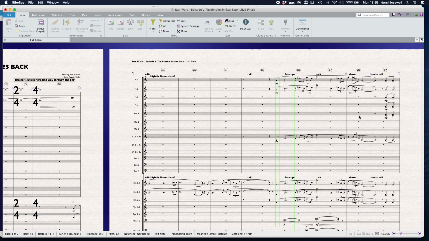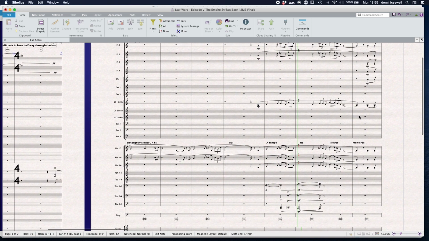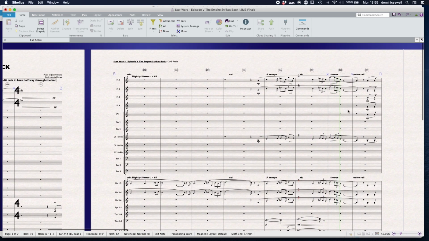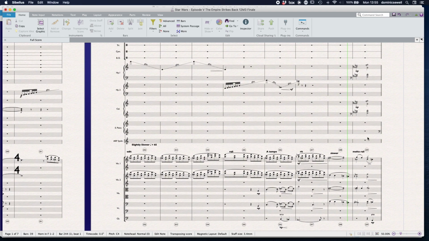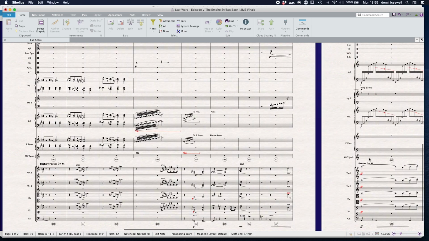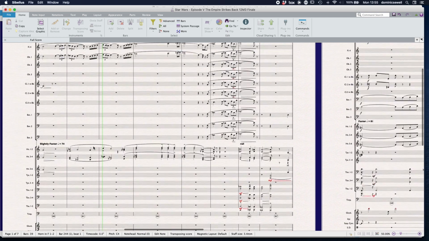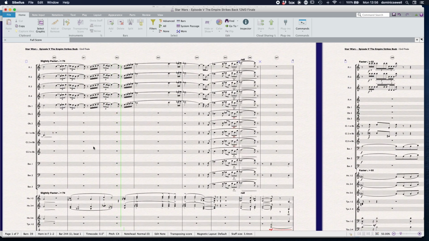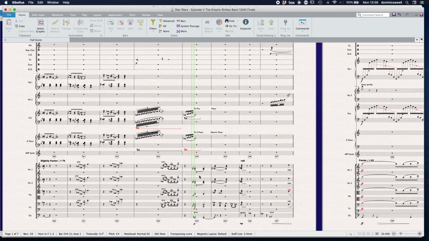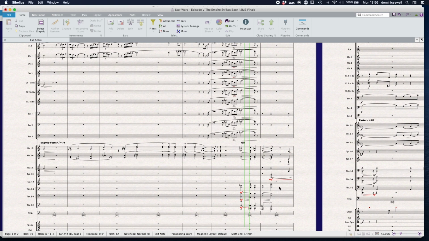It's a wonderful Force theme. Look at all the things playing the melody. Wonderful harmony. Brilliantly arranged. Wonderful cello. Lovely harmony.